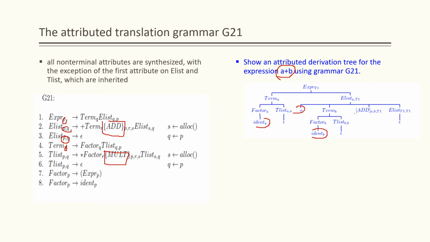So in this case, you are informing the system to do addition: you do A plus B and store it in T1. This derivation tree shows the whole representation you can get from grammar G21 for the expression A plus B.